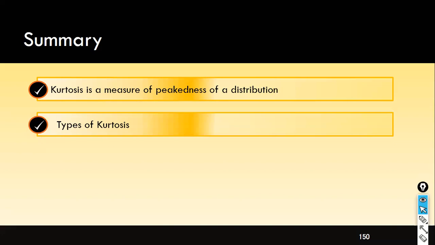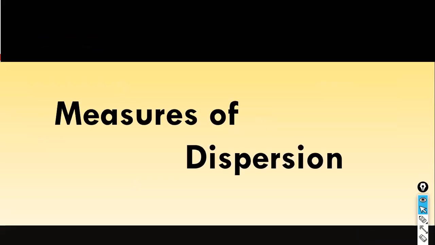It's kind of your normal distribution. In the case of mesokurtic, your peak is neither too high nor too low, and the tails are neither too fat nor too thin. These are the things you need to remember. It is very simple, isn't it? But the advantages are manifold when you use these in real world scenarios.